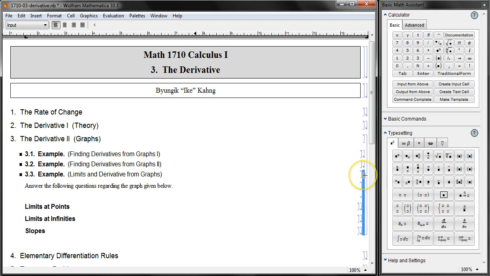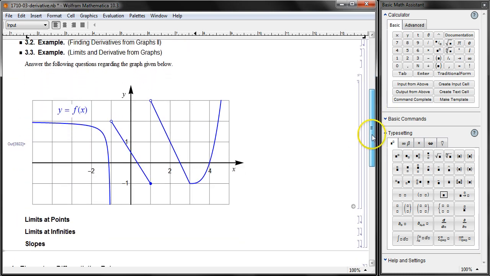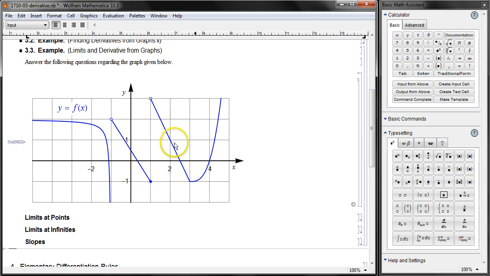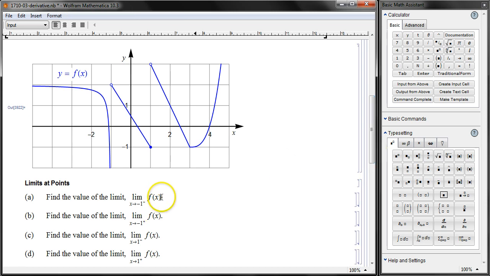Okay, how about the next set of problems? Repetition is good. We have a new graph, and I'm also asking some limit problems as well. Okay, let's do some limit problems. What is the value of the limit as x goes to negative 1 from the left hand side, the minus side? X equals negative 1 is right here.